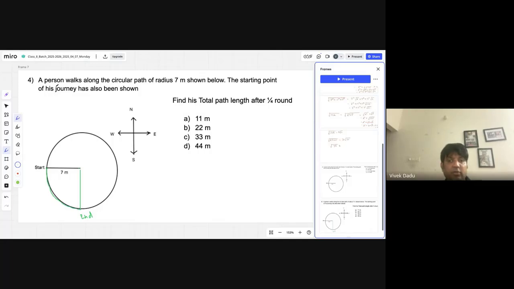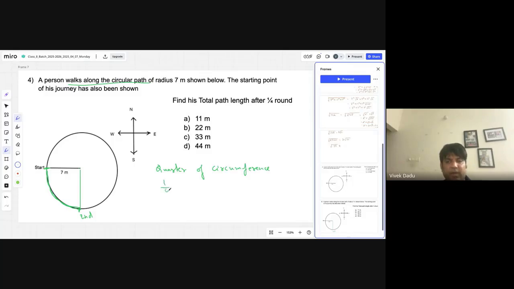He's saying a person walks along a circular path. So the person is not walking like this. The person is walking along the circular path. So this length is what is needed. Now you know how much this length is. This is a quarter of the circumference, or 1/4 of circumference, right?